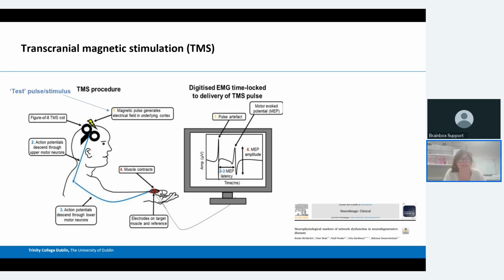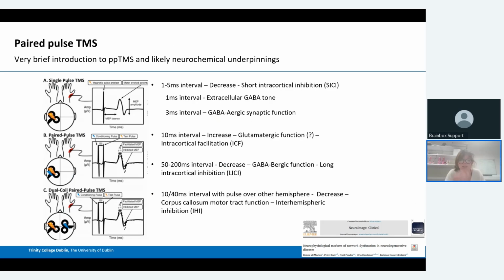But if I just add in some terms here, if we refer to this pulse that we're applying, which activates the corticospinal tract and then causes this motor evoked potential, as the test pulse or the test stimulus, what we can do is apply another pulse with that test pulse. So that's when we do so-called paired pulse TMS.